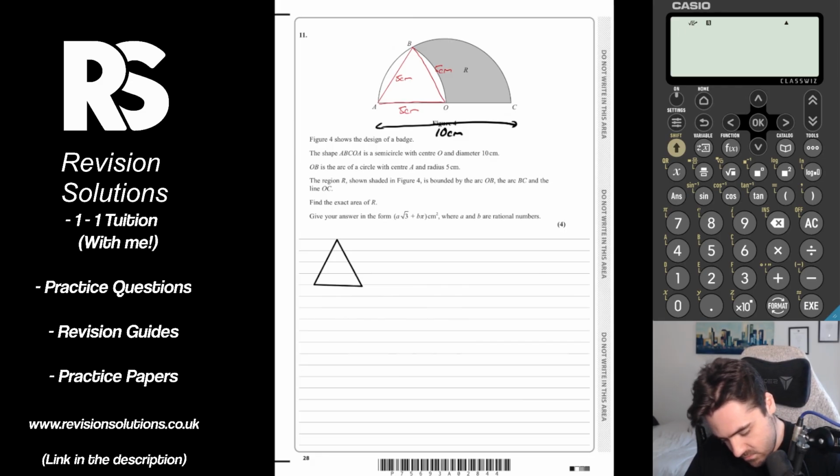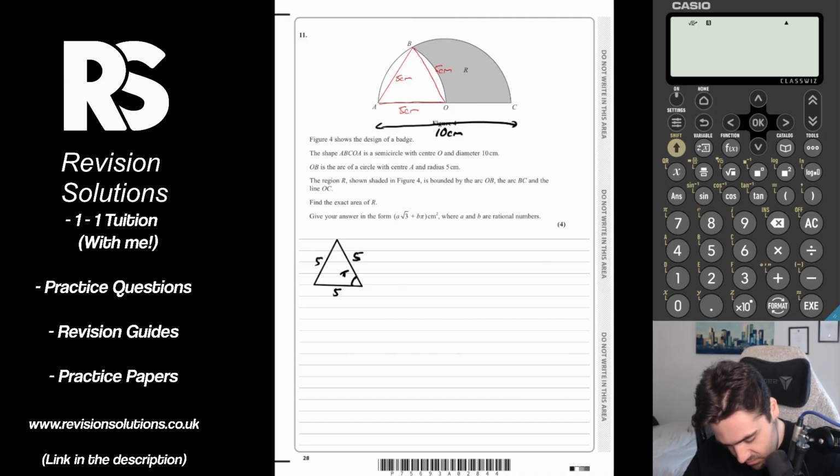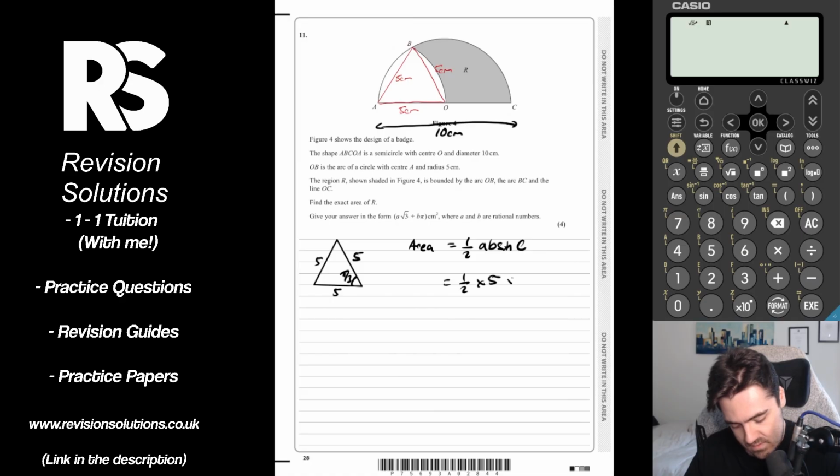So we've got a triangle, each side is 5, and if it's an equilateral triangle, then the total internal angle is pi, and each angle must be the same, so this must be pi divided by 3. So we can find the area of this really easily with just a half ab sine C. So that's a half times 5 times 5 times sine of pi on 3.